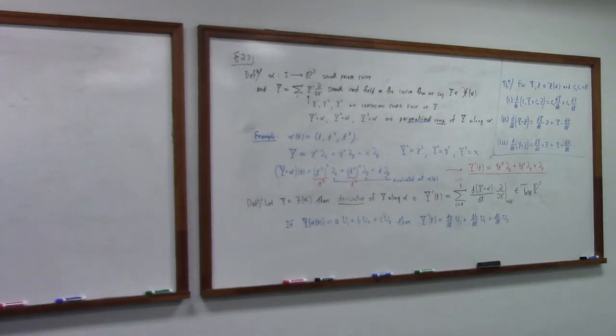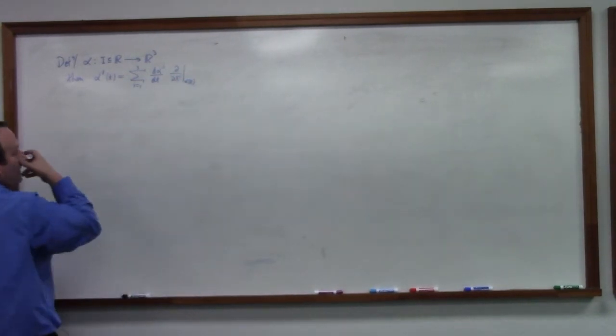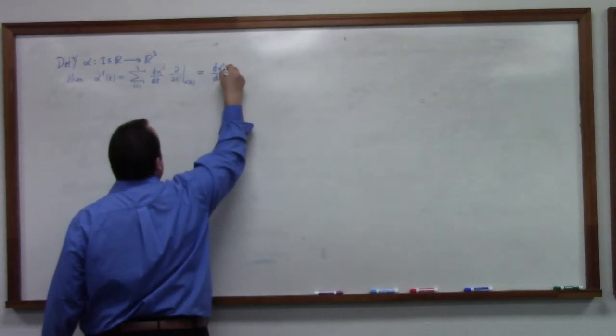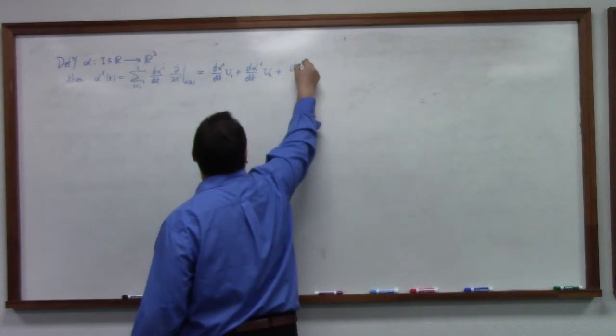If I recall correctly, definition: if alpha goes from I, a subset of the reals, to R3, a smooth parametrized curve, then alpha prime of t is equal to the sum over i equals 1 to 3 of d alpha upper i dt partial x upper i at alpha of t, which in the usual notation is d alpha 1 dt u1 plus d alpha 2 dt u2 plus d alpha 3 dt u3.